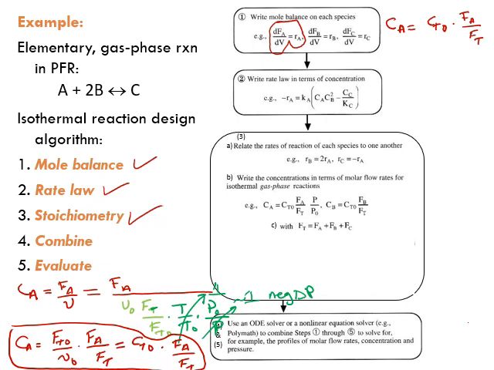Yes, because the rate law is given in terms of concentrations, CA. However, if you substitute this equation here, the left hand side will be written in terms of FA, and the right hand side in terms of CA. So I do need an equation which relates CA to FA, and this is something I did here.